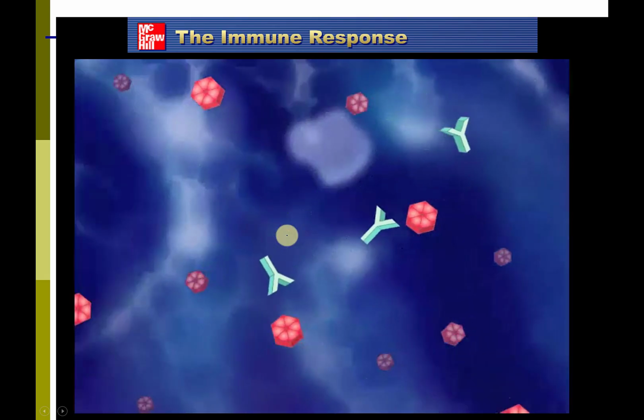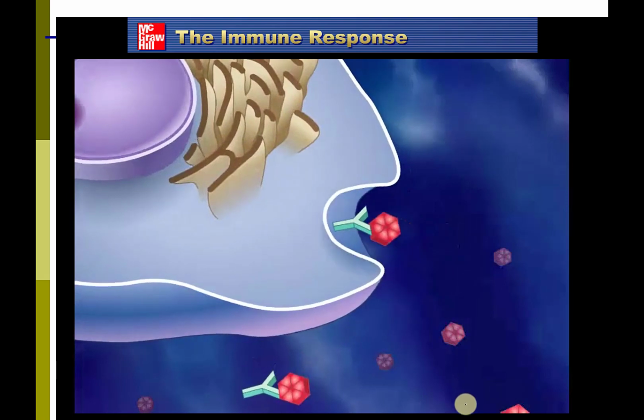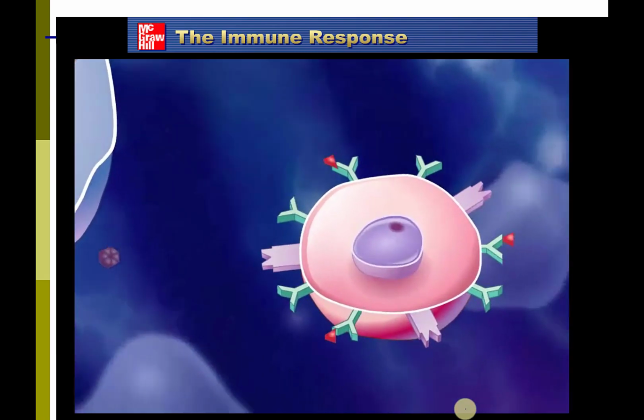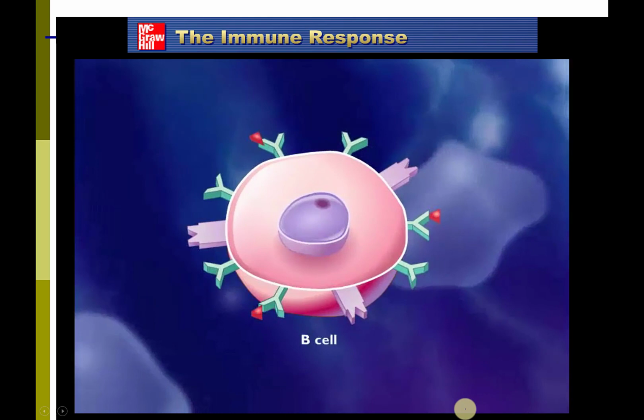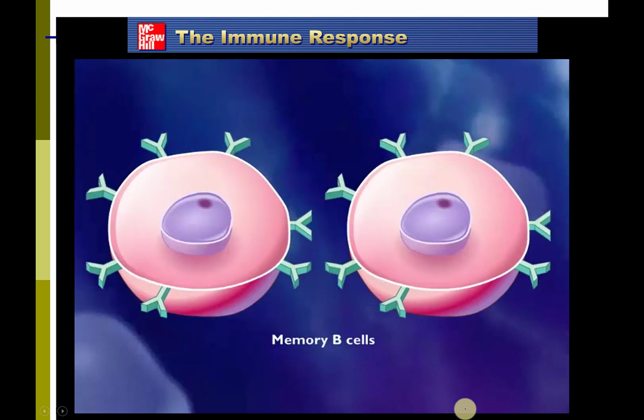Antibodies bind to the antigens on the surfaces of the pathogens, marking them for destruction by macrophages. Some of the B cells do not turn into antibody factories, but instead become memory B cells that may survive for several decades. Because of these memory B cells, the secondary immune response to a future infection by the same pathogen is swifter and stronger. This powerful secondary immune response is what gives immunity to some diseases after you have had them once or after you have been vaccinated.